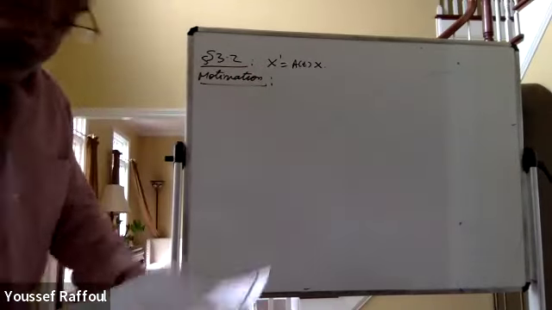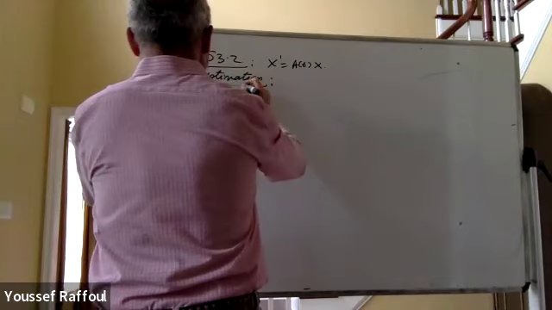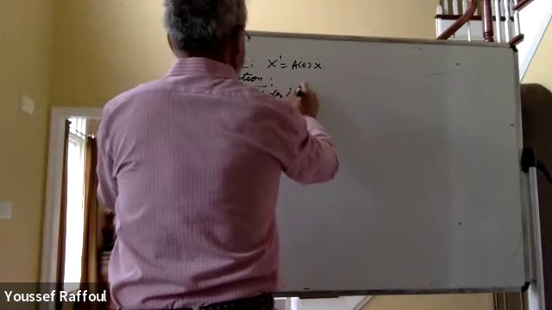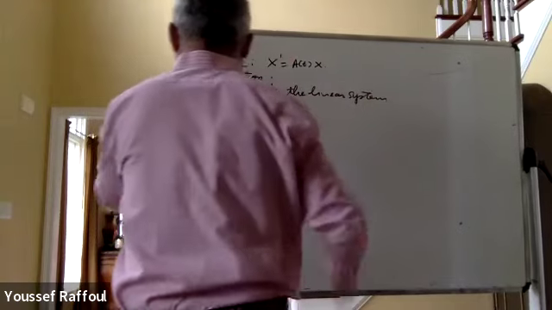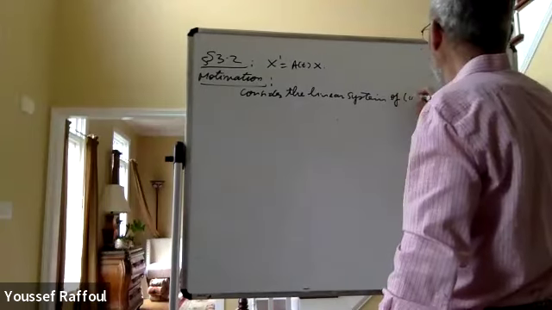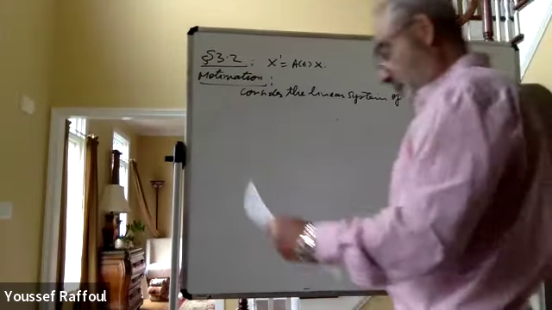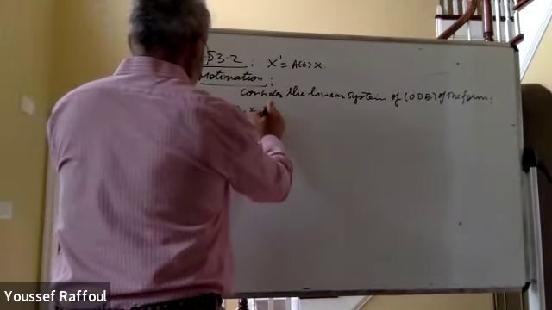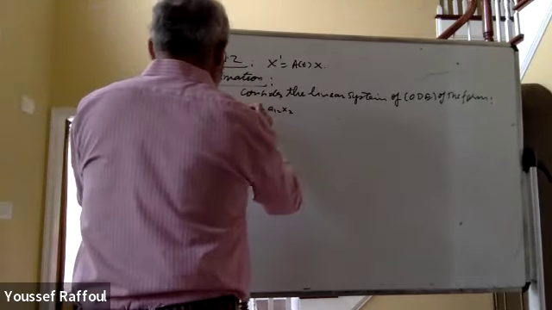Let's take a look at, so we're going to consider the linear system of ODEs of the form x1 prime equal to a11 x1 plus a12 x2, and these depend on time.